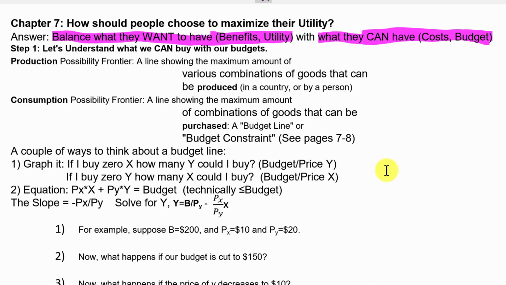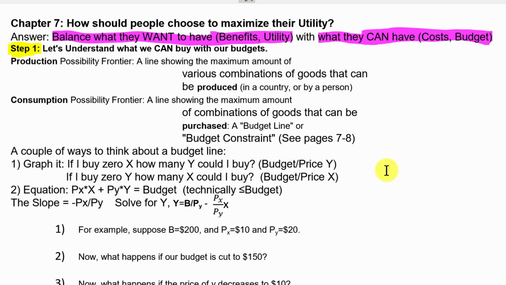What would you like to have versus what can you have, and then try to figure out how it is that we can pick the combination of things to spend your money on that makes you as happy as possible. So the first step is to try to understand the things you can actually afford, and that's what budget lines are good at doing.